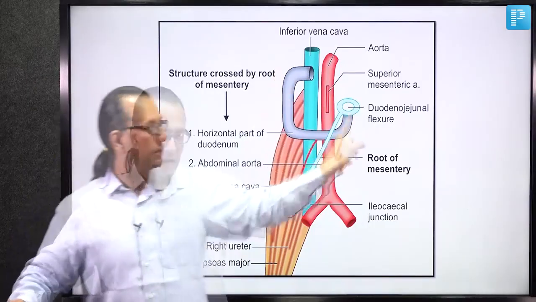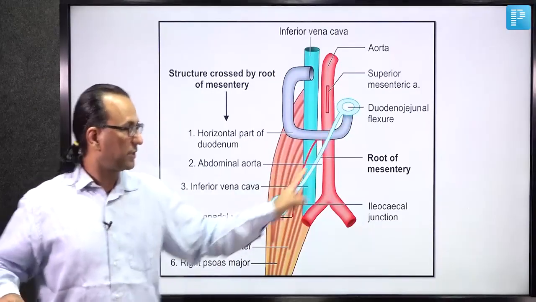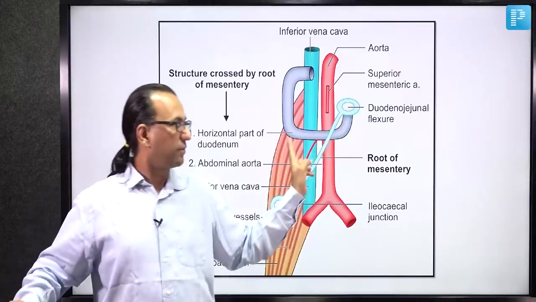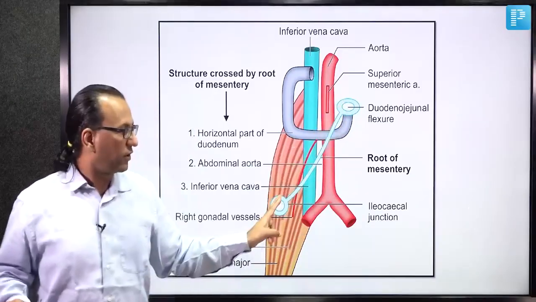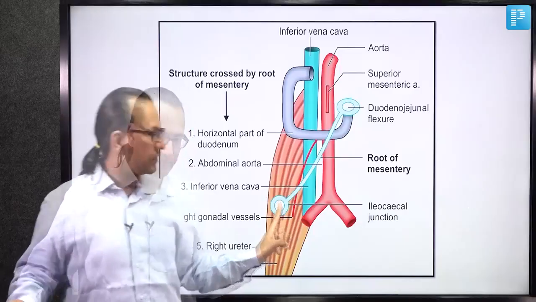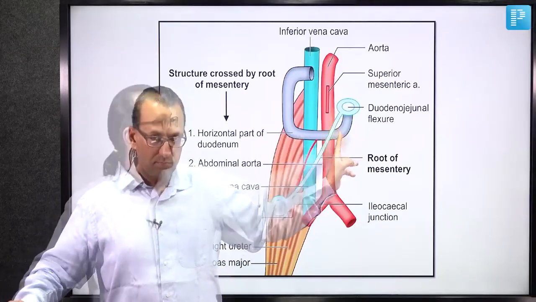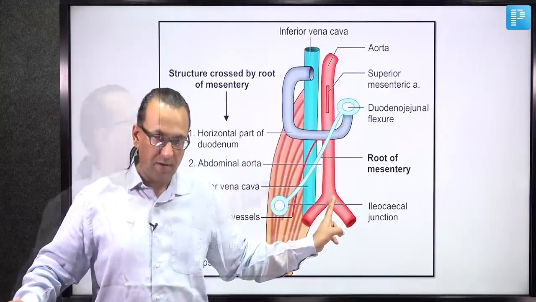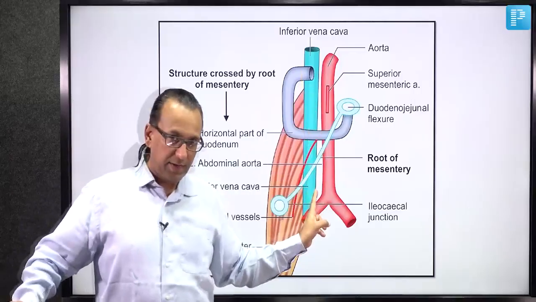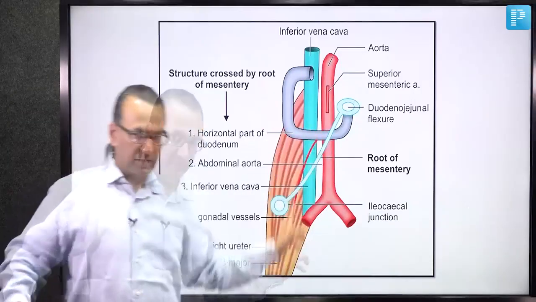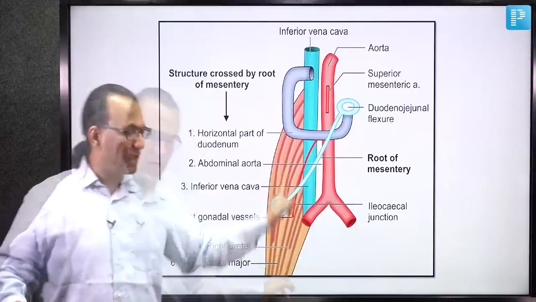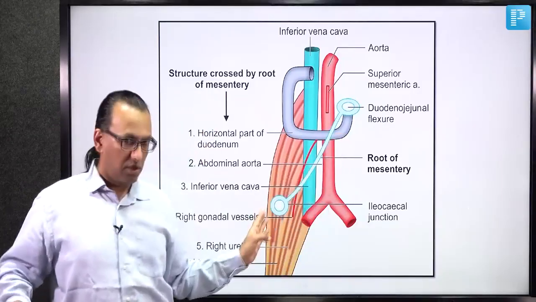It has four parts here, and the root of mesentery or the base of mesentery crosses the third horizontal part of the duodenum anteriorly. There is a question asking, the root of mesentery crosses which structures anteriorly? And your answer is the third horizontal part of the duodenum, and the abdominal aorta on the left side of midline, inferior vena cava on the right side of midline. It is also crossing the gonadal vessels and the right ureter as well, and runs in front of the psoas major, but only on the right side.